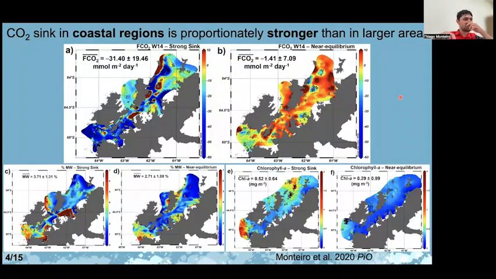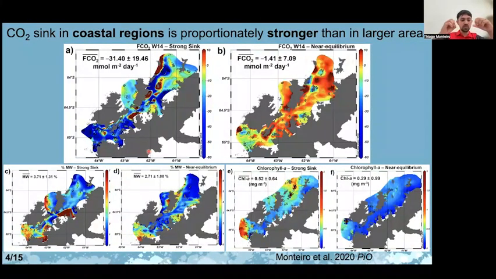And another analysis that was carried out in this paper, very interesting, was that we compared the CO2 fluxes of different regions around Antarctica with respect to area. So when we compare regions such as the Gerlache Strait, a region with a smaller area, with nearby regions with larger areas, like the Bransfield Strait, Weddell Sea, and Ross Sea, we quite clearly see a pattern of CO2 sink in the coastal regions.